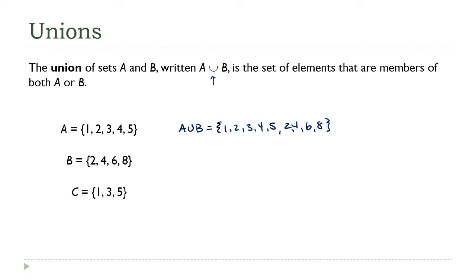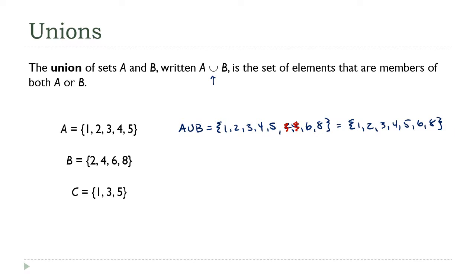We don't want to have duplicates. So I see I've got the number 2 on here twice, and I've got the number 4 on here twice. So I'm going to remove those two duplicates, and that should give me my answer. It's the set 1, 2, 3, 4, 5, 6, 8.